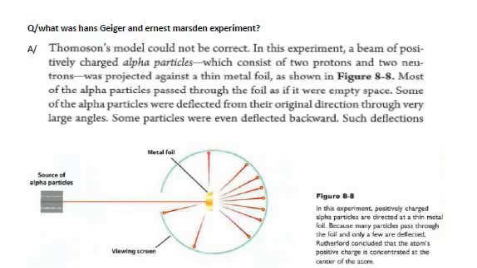The scientists' names were Hans Geiger and Ernest Marsden, and their experiment was the alpha particle experiment. Here we can see how they did that experiment.